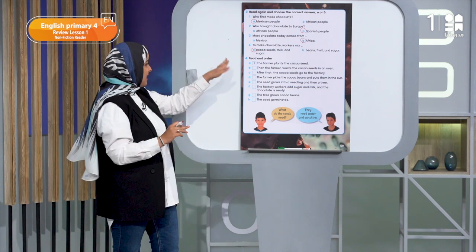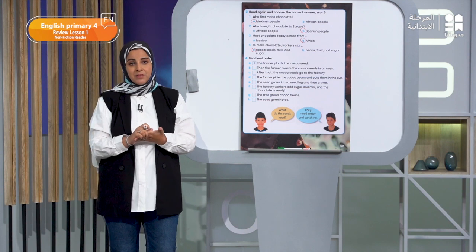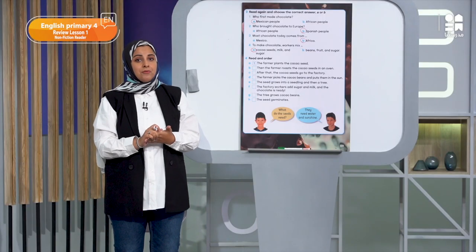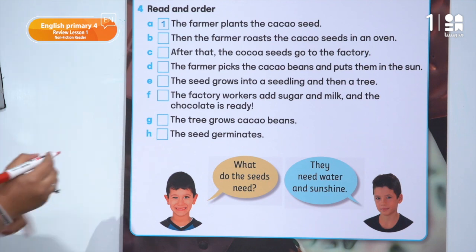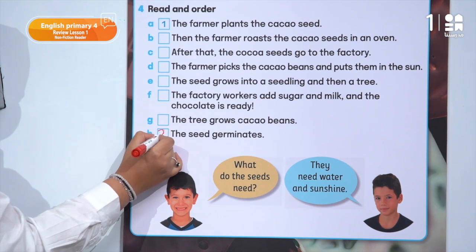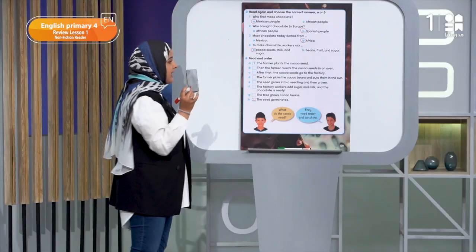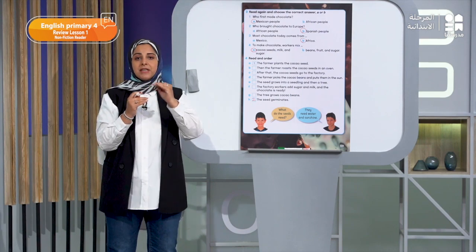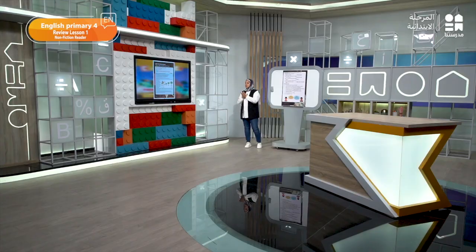We said that A is number 1. Where is number 2? What will be number 2? Which sentence? Very good. H. The seed germinates. So it will be number 2. طبعا أول ما الفارمر بيحط السيد في السايل بيحصل germination. Very good.